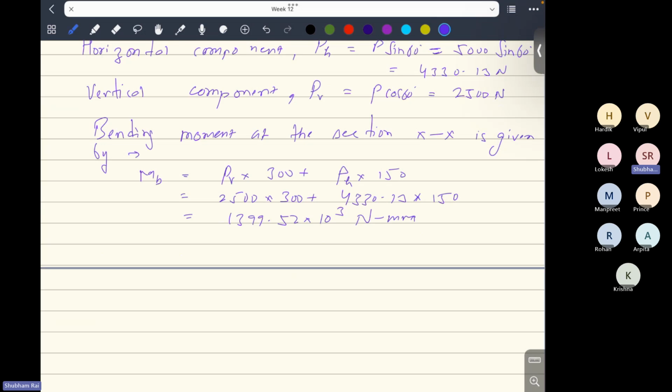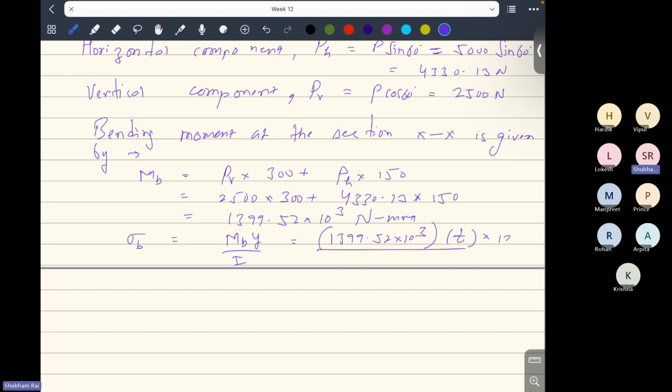So the maximum normal stress due to bending will be M y by I, and y should be equal to t, because from the center line the topmost point is at a distance of t. So there should be 1399.52 into 10 power 3 Newton mm, into t, and I is 1 by 12 b h cube, because it is a rectangular cross section.